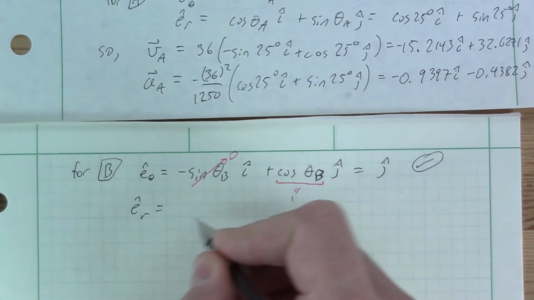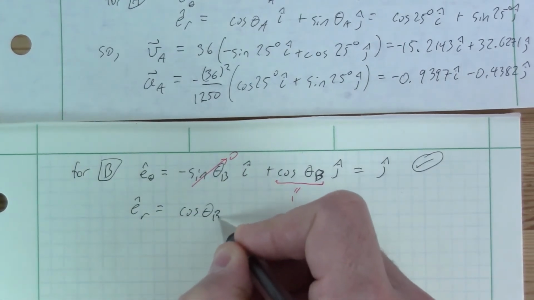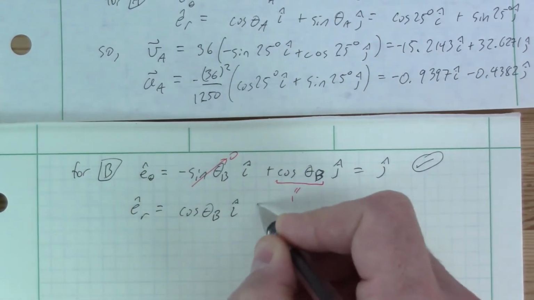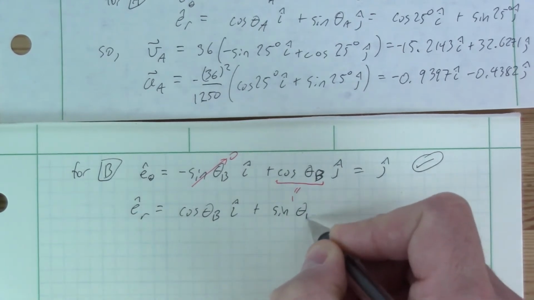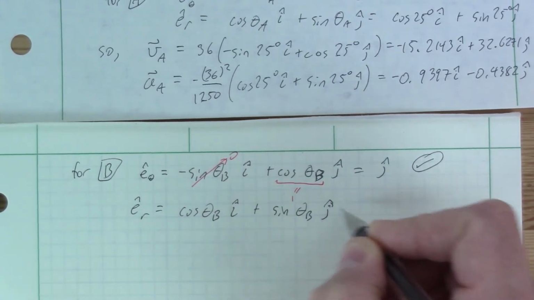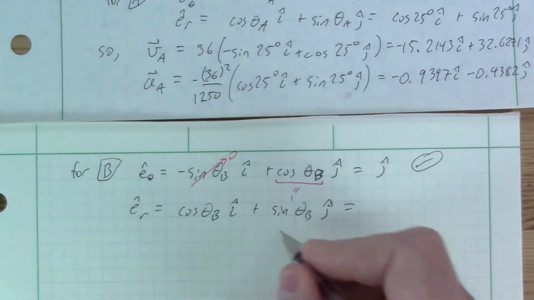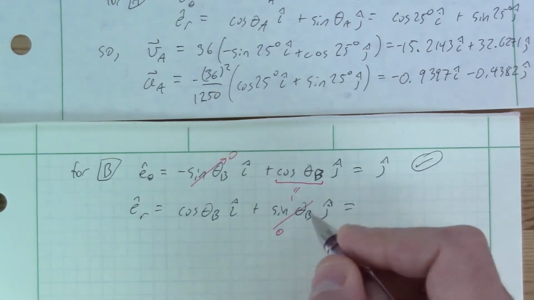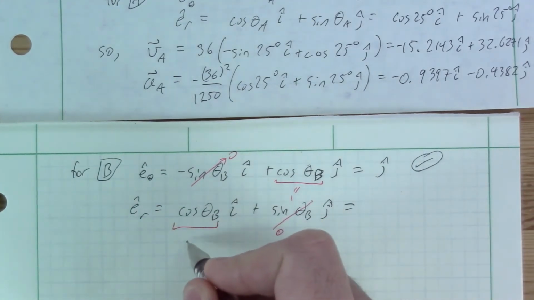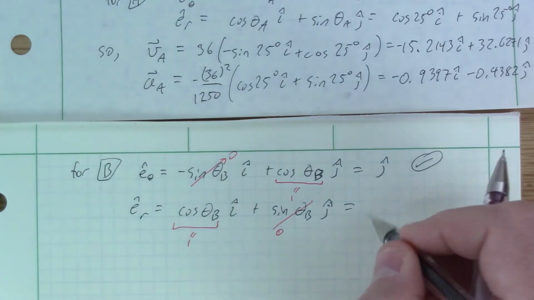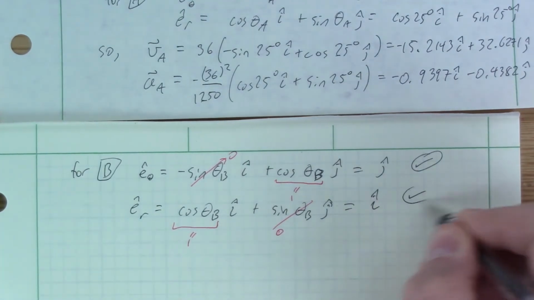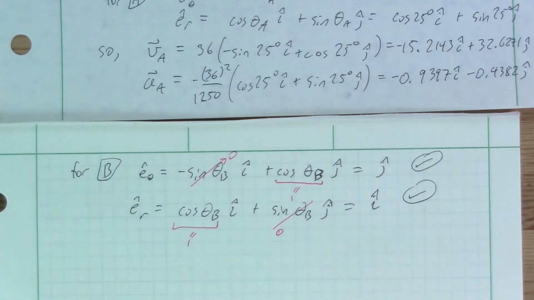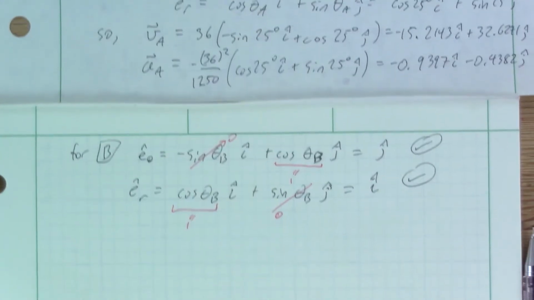E hat r, cosine theta b i hat plus sine theta b j hat. Here, sine of 0 degrees is 0. Cosine of 0 degrees is 1. So this is just i hat, as we are just confirming. Okay, great.